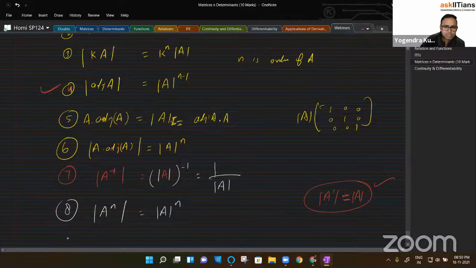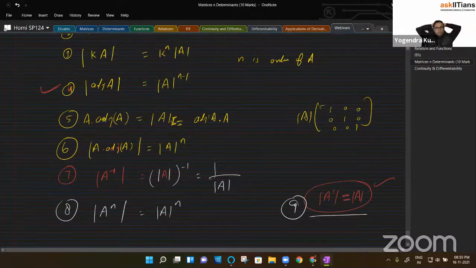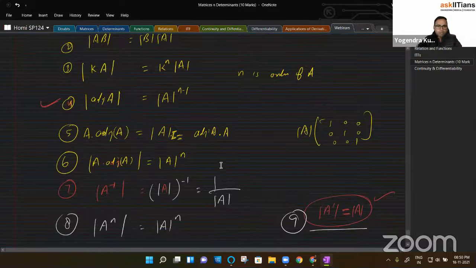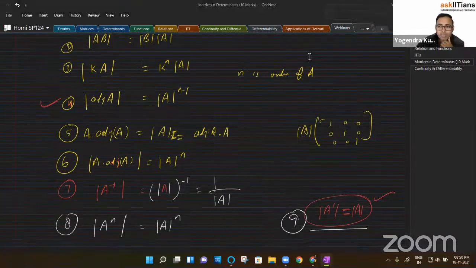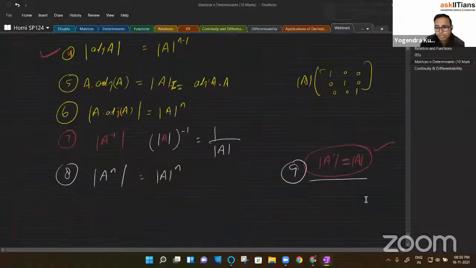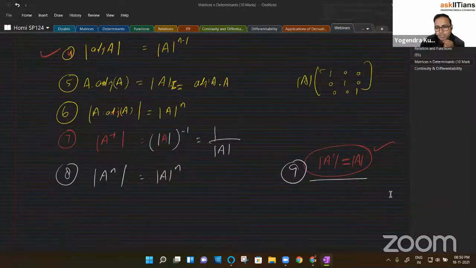Based on these properties they can ask questions; this is also the ninth. These properties you should remember. They are not too high level. Sometimes we need to remember these properties for CBSE also to make questions easier and get the answer faster. So remember these, verify these all, and let me know if any doubt is there.